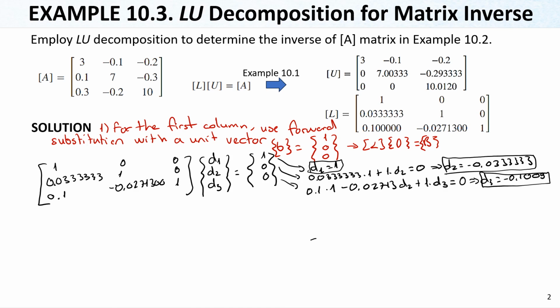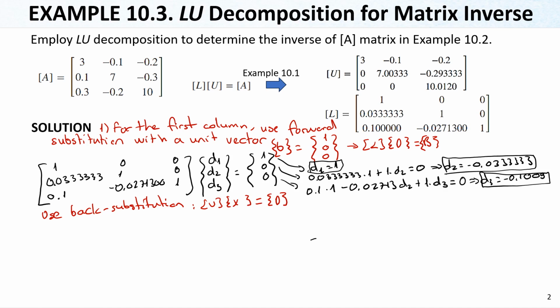Then we use the back substitution with D as the right hand side. Now use back substitution with this. Then we will get the matrix inverse, which means U times X equals D. We will solve this.